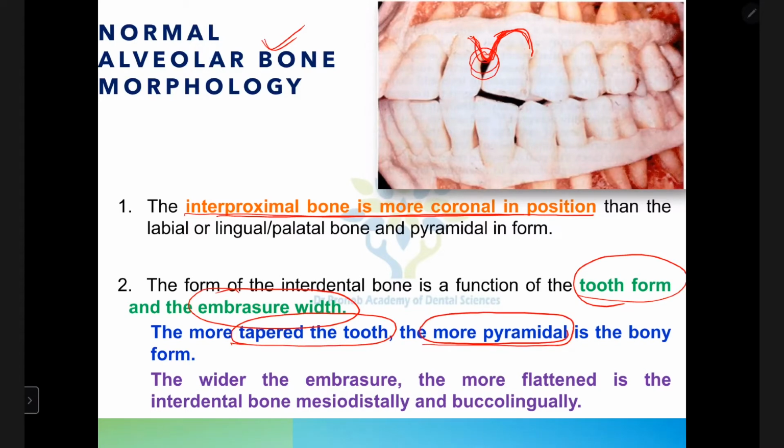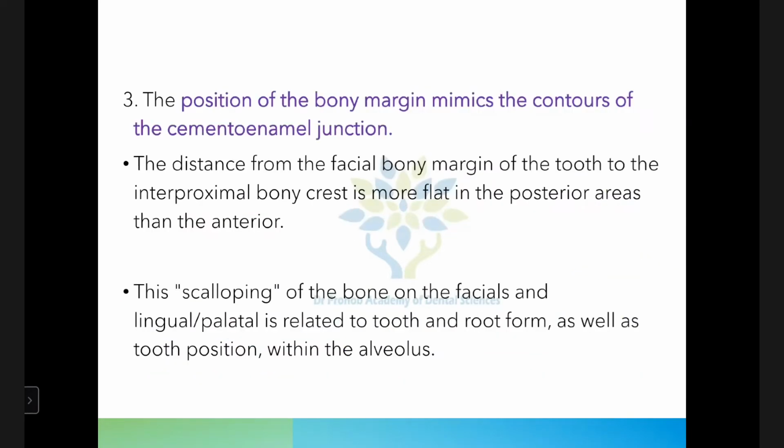For posteriors, it will not be pyramidal like this. It will be a bit flat. So the wider the embrasure, the more flattened is the interdental bone, mesiodistally and buccolingually. If the embrasure is wide, the interdental bone will be flat rather than pyramidal. So depending upon the tooth form and the width of the embrasure, the interdental bone morphology varies.